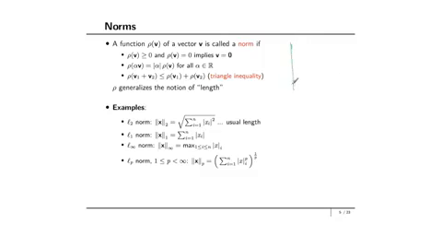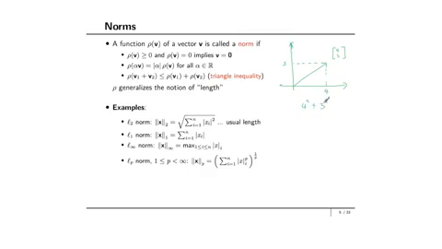So if I give you R2, and let's take a vector which has the x component equal to, let's say, 4, and the y component equal to, let's say, 3. So this vector has a representation (4, 3). Then our high school trigonometry tells us that the length of this vector is nothing but the square root of 4 squared plus 3 squared.